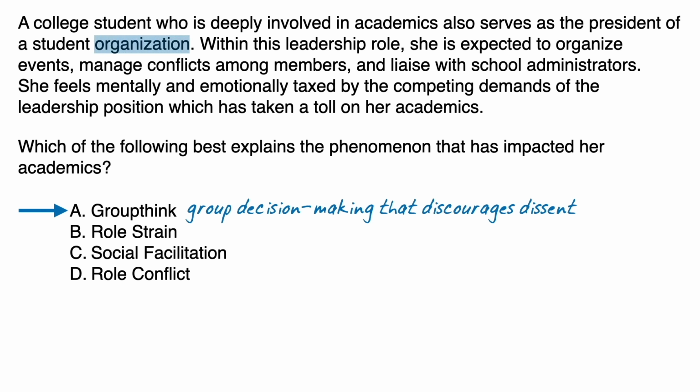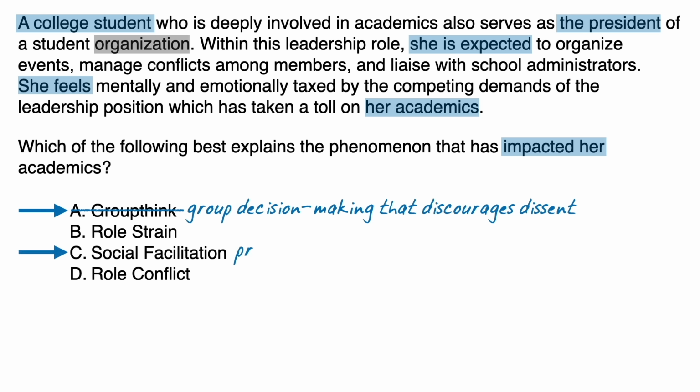But this question stem is greatly centric around her as a college student and the president of a student organization, where she is expected to accomplish several responsibilities that make her feel mentally and emotionally taxed, all of which have taken a toll on her academics. Plus, the question itself asks about the impact on her. So this is not really about a group, just one individual, so eliminate A.